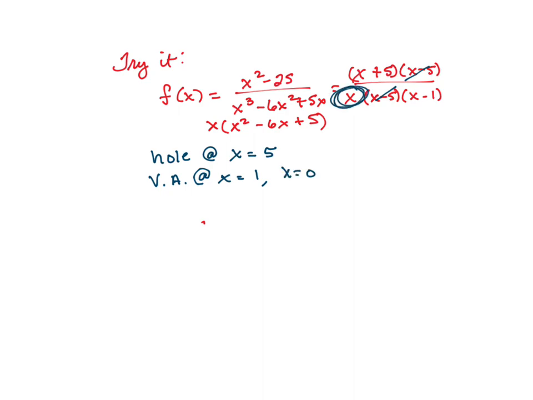Many of you missed this on your test. You forgot to set that equal to 0 when you were identifying your zeros. So if we were to graph it, we would see a vertical asymptote at x equals 0, a vertical asymptote at 1, and a hole at x equals 5 somewhere in the graph. Any questions on that?